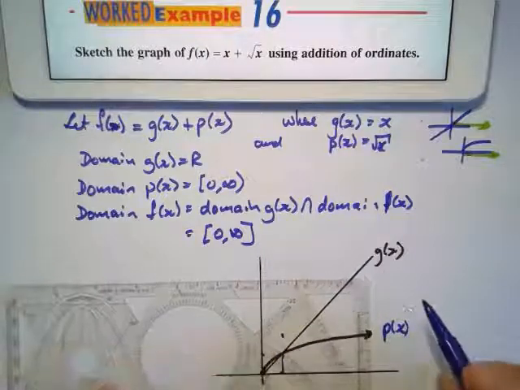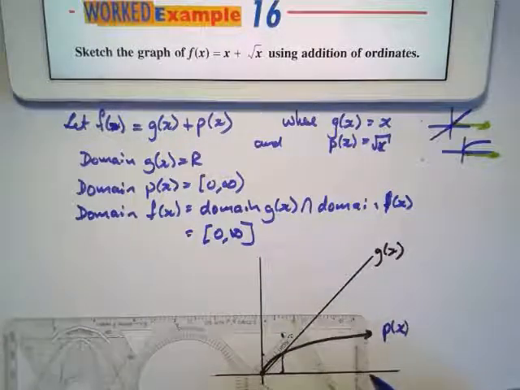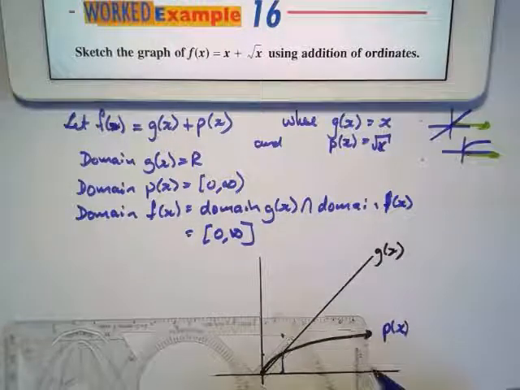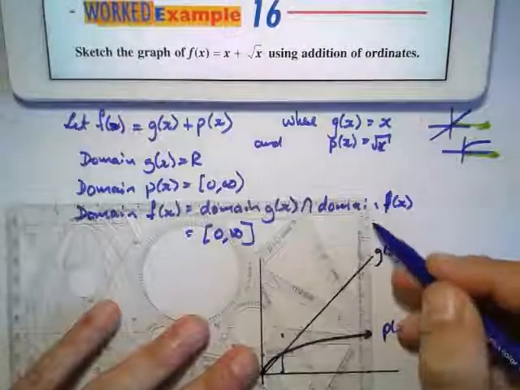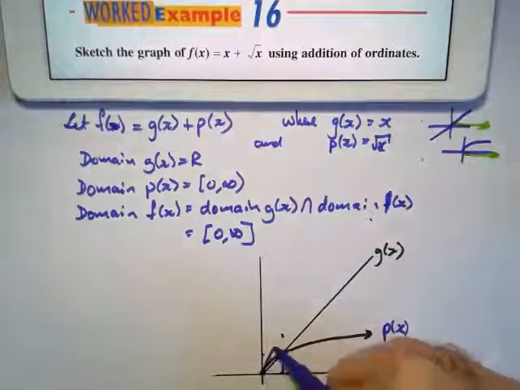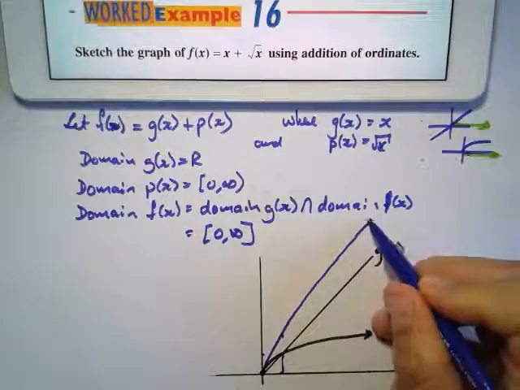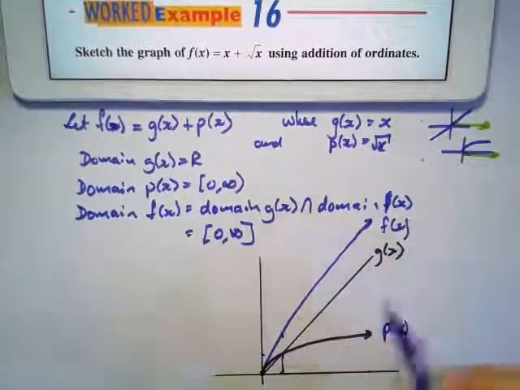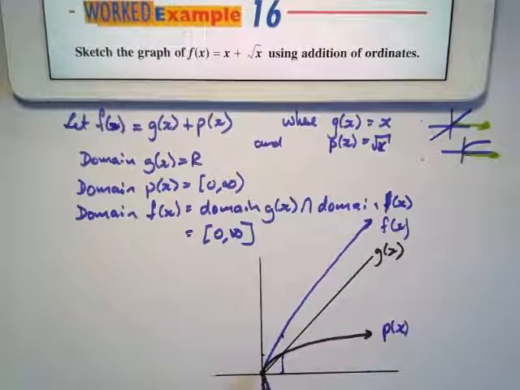And over here at the end of my graph, if this was about 2, it's not very accurate, it's going to come up there, and so my graph is going to look like there. So that will be f(x). The only places I'm going to have are the start and the end, and where they intersect, and that will be f(x).